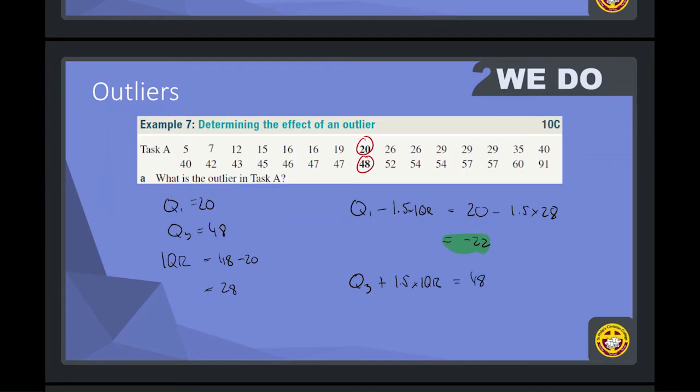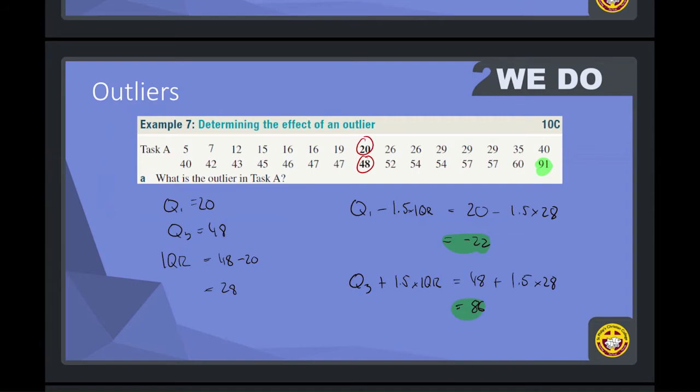This time we've got 48 plus 1.5 times 28, which ends up being 86. Now what this is telling us is any number bigger than 86 is an outlier. So in this question, 91 is an outlier.